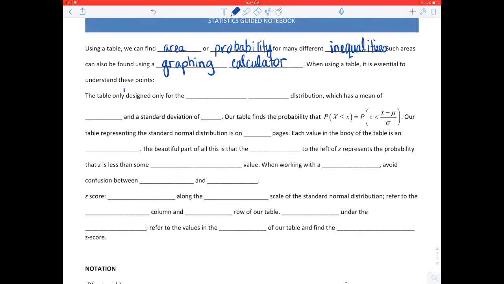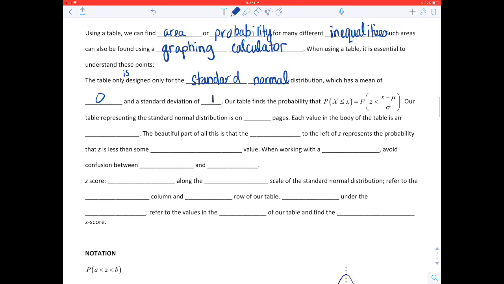The table is only designed for the standard normal distribution, that special case that has a mean of 0 and a standard deviation of 1.